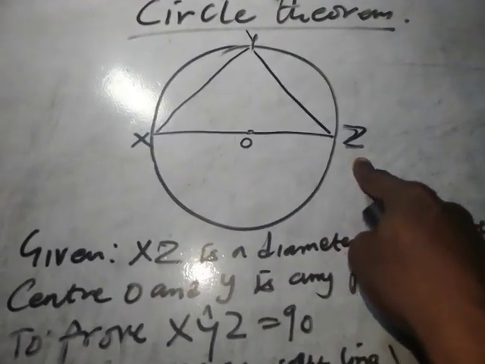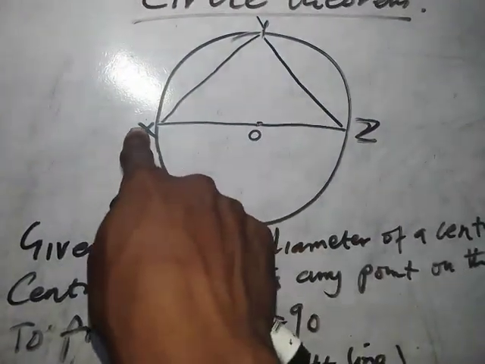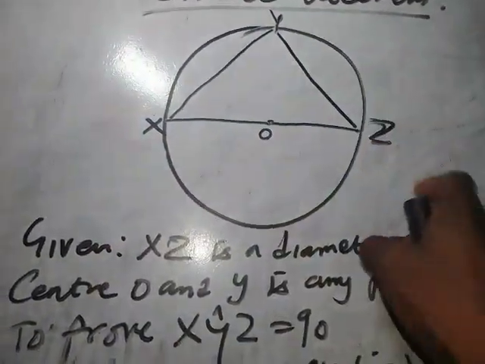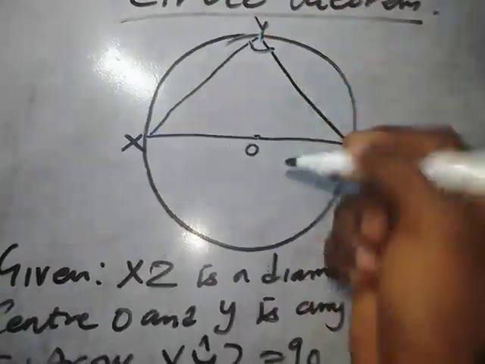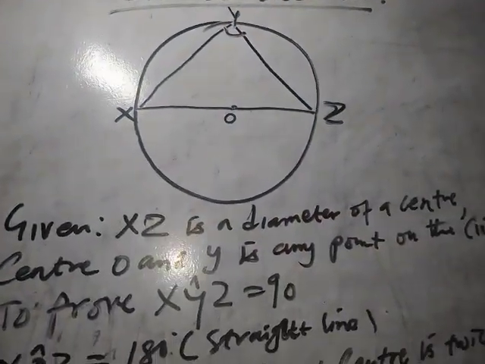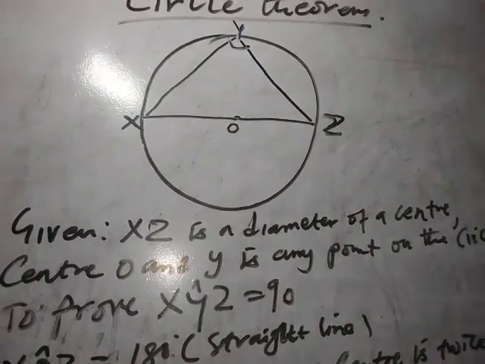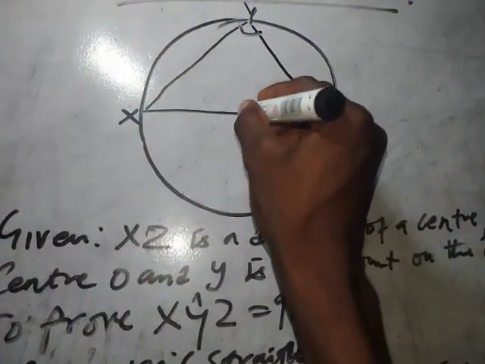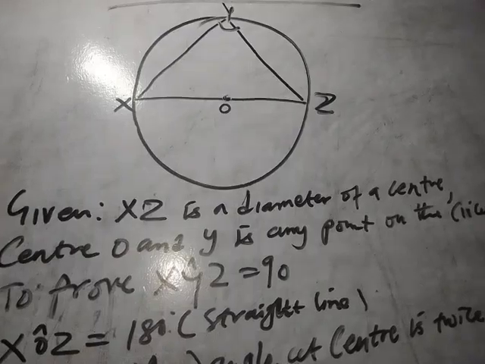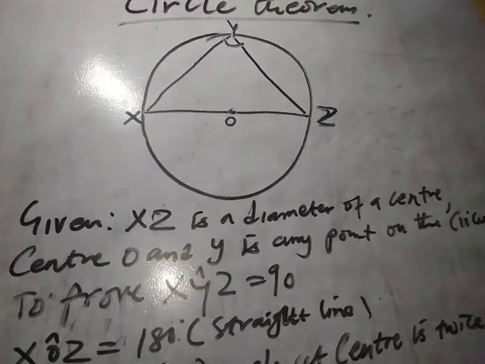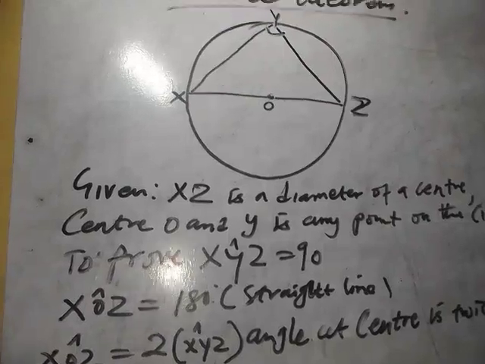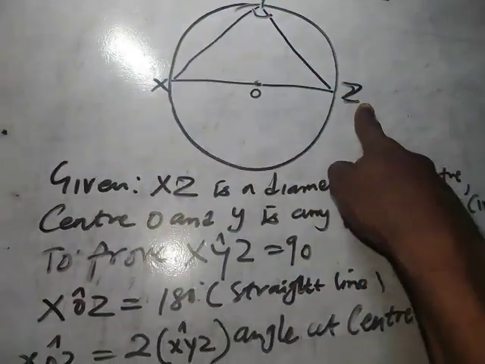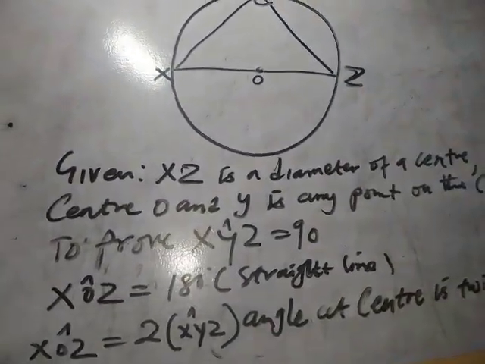We are considering this angle here, and we also consider the center angle. So the center angle XOZ is 2 times the angle at the circumference, that is angle XYZ.